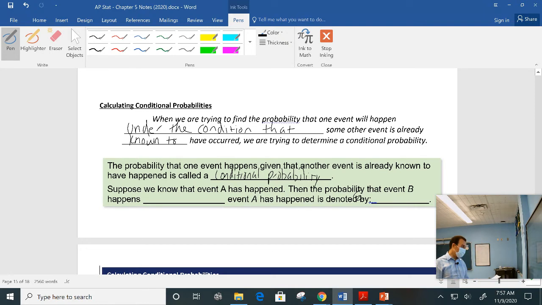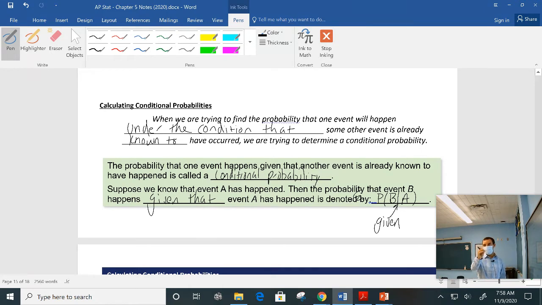So suppose we know that event A has happened, then the probability that event B happens, given that event A has happened, is denoted by the symbolic notation P(B|A), probability of B given A. That line represents the word given, okay?